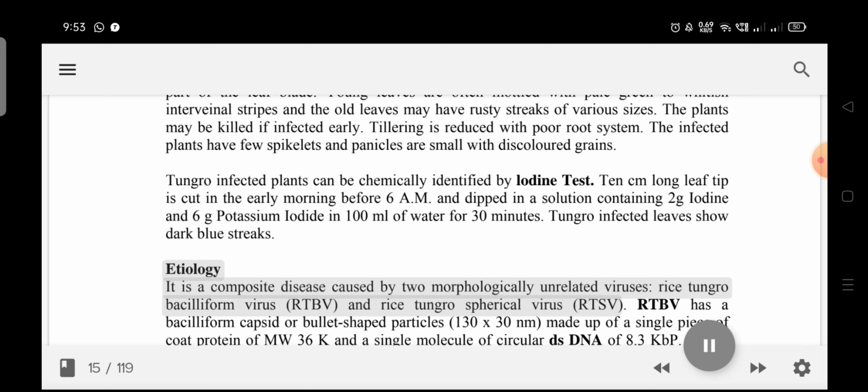Etiology: it is a composite disease caused by 2 morphologically unrelated viruses, rice tungro bacilliform virus, RTBV, and rice tungro spherical virus, RTSV.